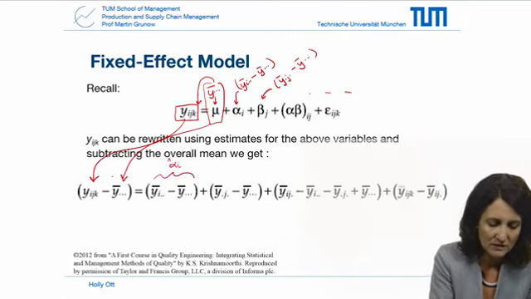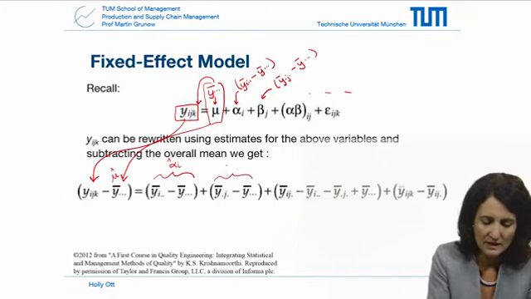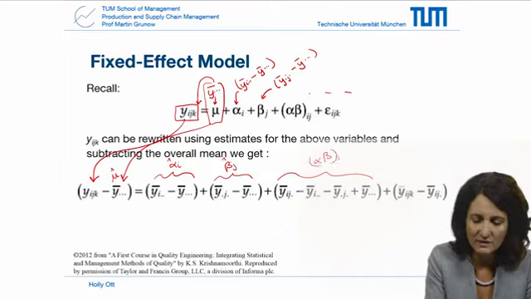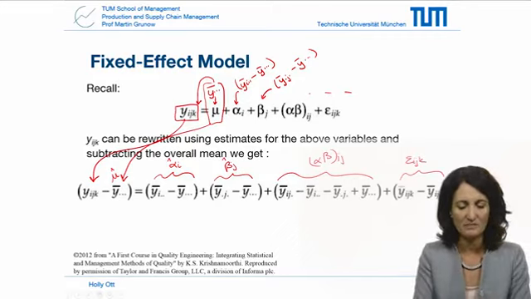This was our mu estimate. Here is our beta estimate. All right? And then this was from the previous page, the alpha beta estimate. And finally, our error estimate that we've gotten.